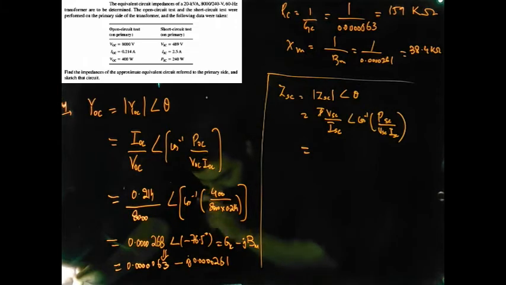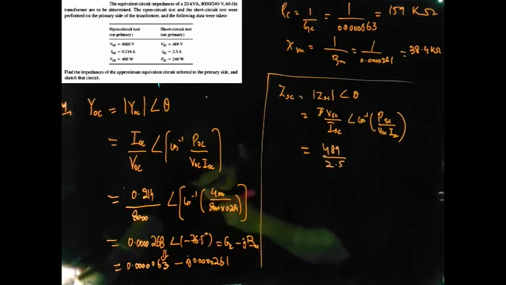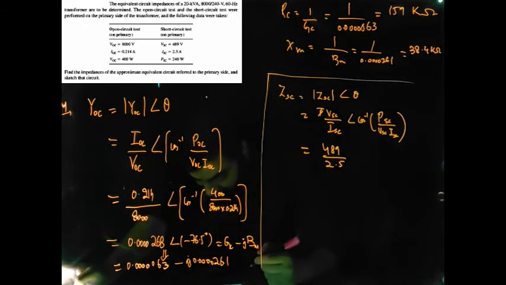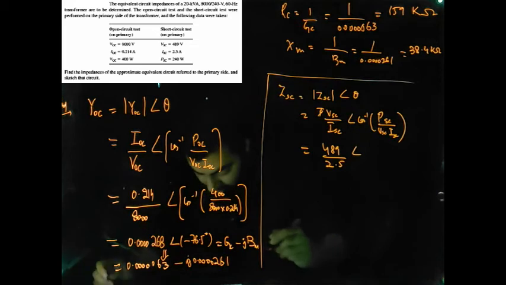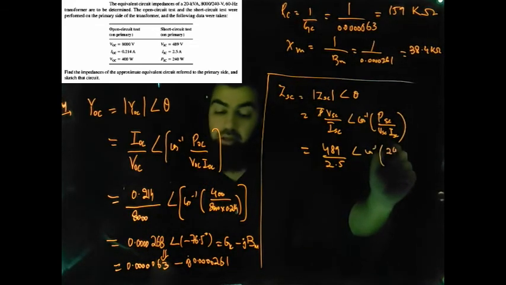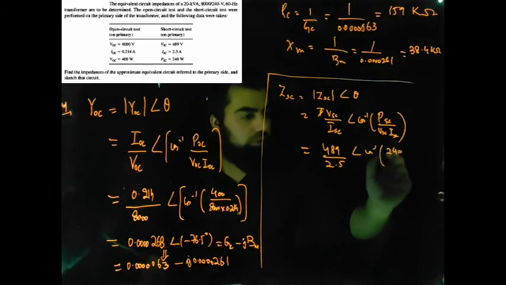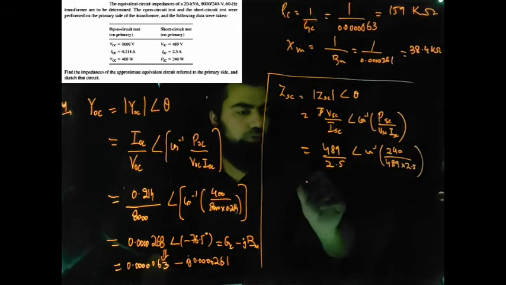It is equal to 489 volts. ISC is equal to 2.5 amperes, and the angle is cos inverse of PSC, that is 240 watts, divided by 489 into 2.5.